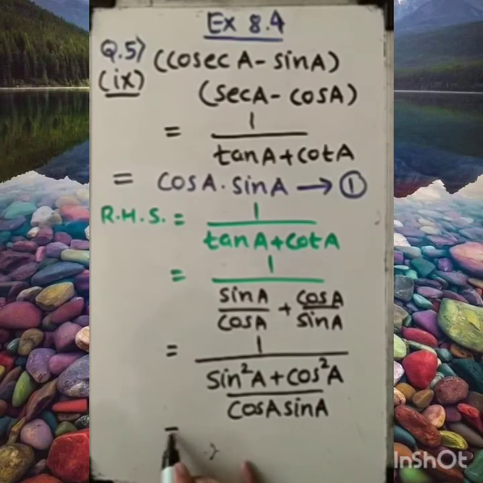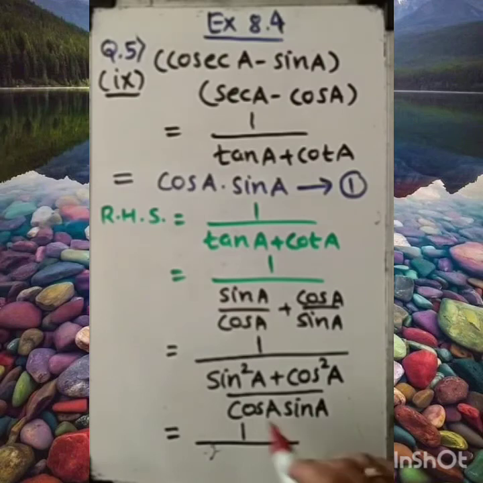Dear student, it's quite easy and interesting also. Now, the application of the identity: sin square A plus cos square A is equal to 1. So what do I have? 1 upon cos A into sin A. Got it?